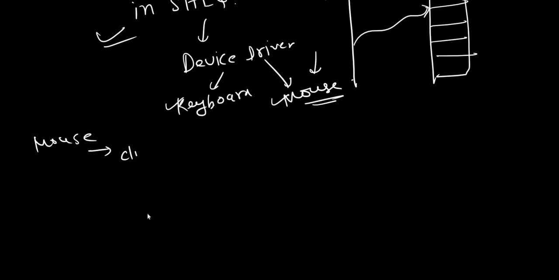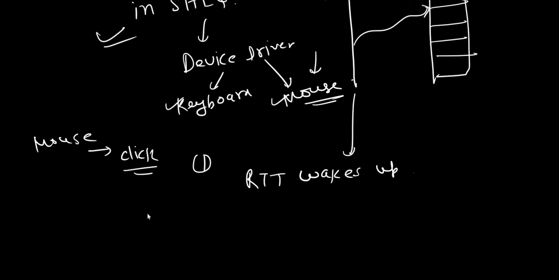As soon as you click anything, then what happens? First of all, this raw input thread, RIT, wakes up. Either you click the mouse or you press any key on the keyboard. In any kind of event, it's not only for mouse click, it is also true for the keyboard.